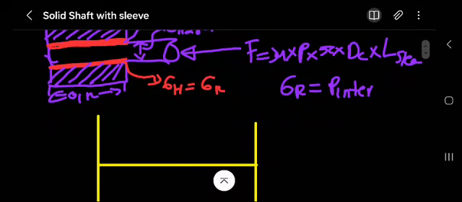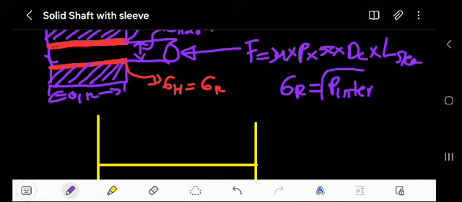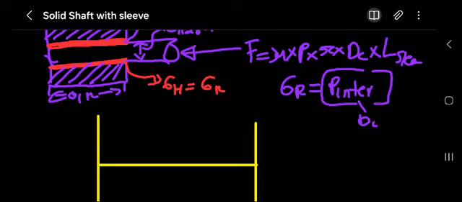Remember, the interference pressure is taking place at the common diameter.